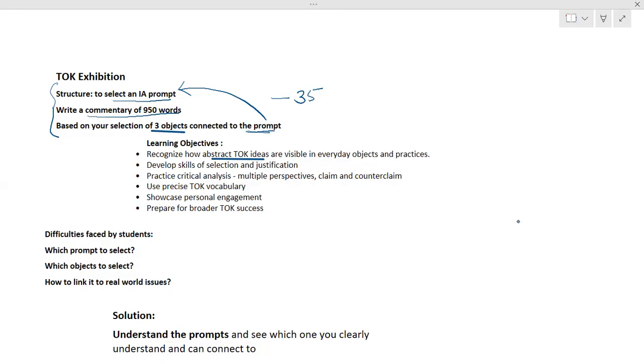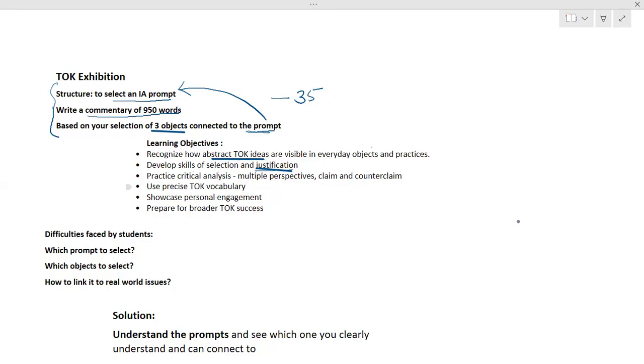That will help you to select the 3 objects which you have to do for the exhibition. So, while you understand this, you will develop skills of selection as well as justification, as you need to justify why you have selected the object and connect it to the prompt.